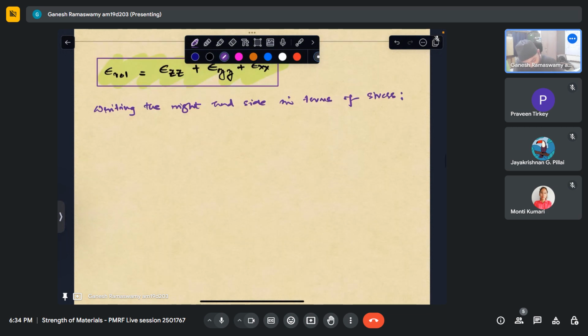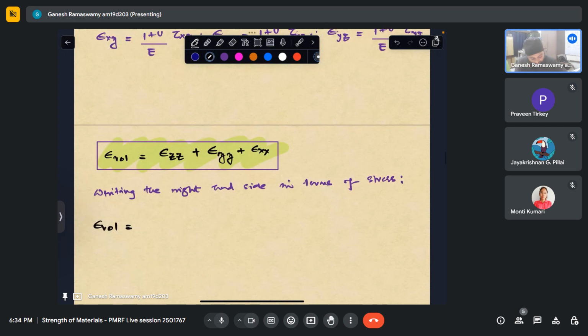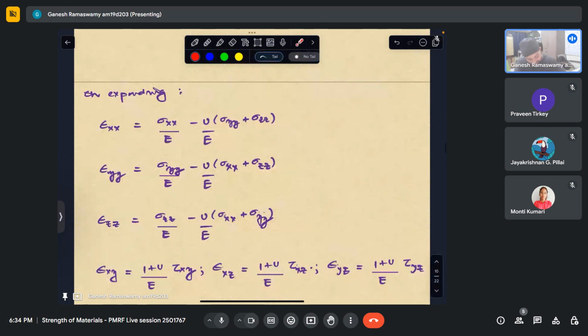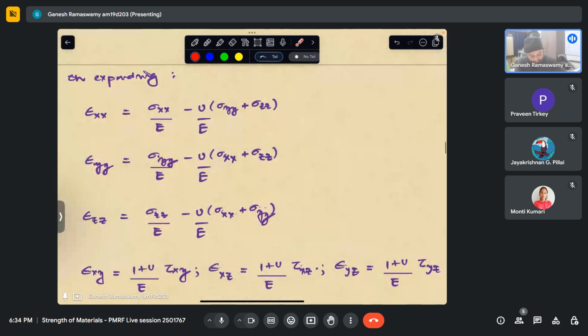So I have again e volumetric. So it will be the sum of these three. What this means is it is a sum of these three. So if I were to take the sum of these and collate the terms, I'll just do the collecting of the terms simply. So in the first equation, sigma xx by E's coefficient is 1.